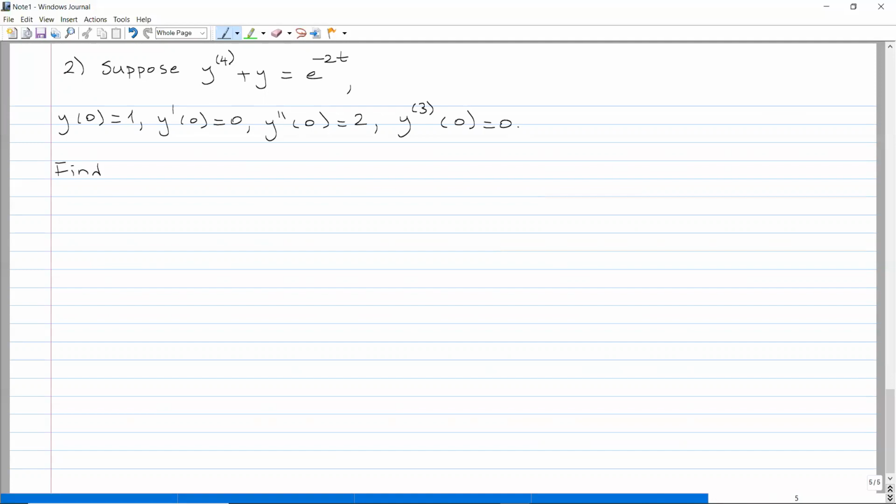Again, the question is the same. Find capital Y of s, which is the Laplace transform of our function. So again, we take the Laplace transform of both sides of the equation.